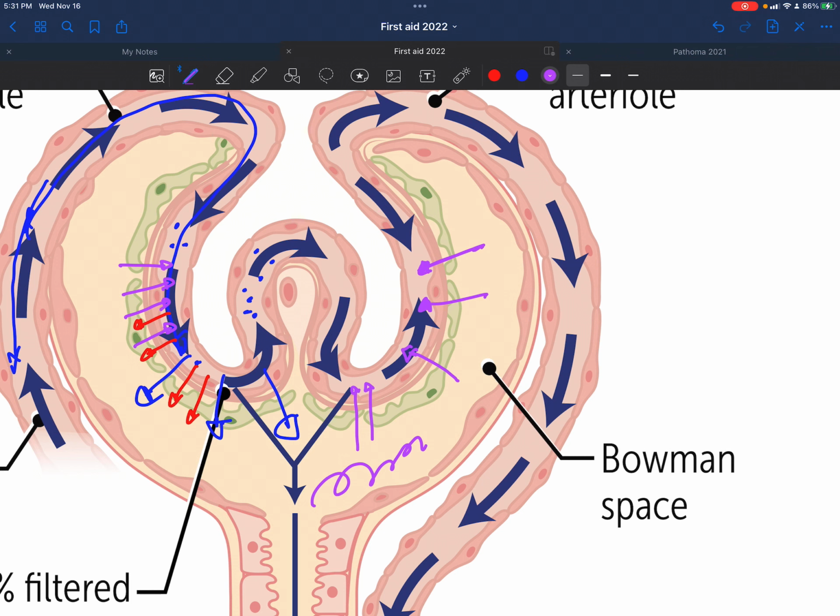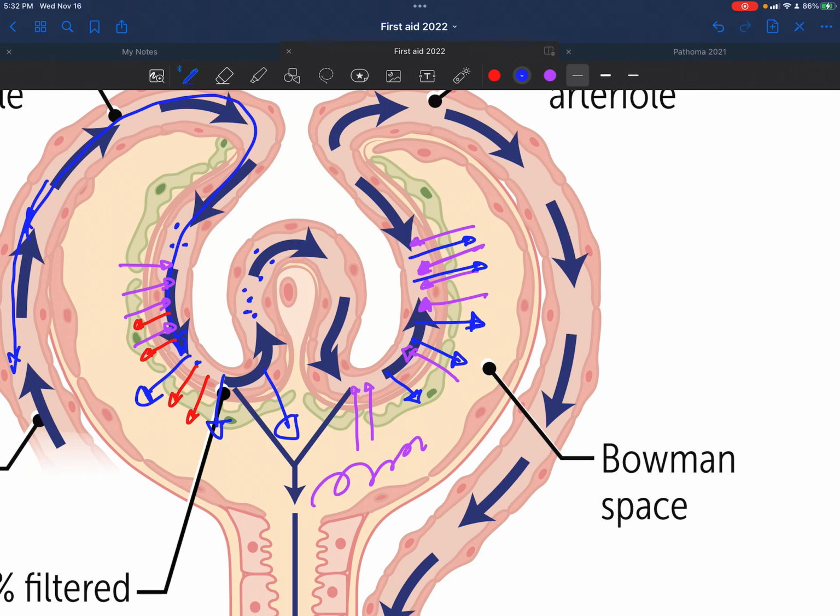But anyway, any space or fluid within the body has these two types of pressures. The one that pushes things out is called the hydrostatic pressure of that place, and the pressure that pulls things from the outside into the space is the oncotic pressure of the Bowman space.